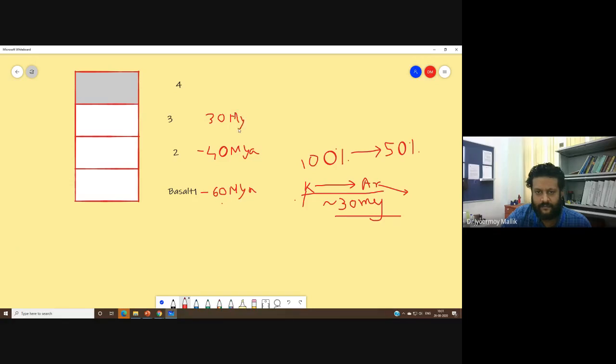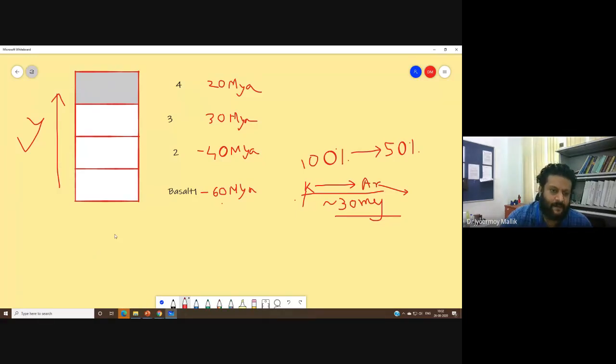And number 4 came, say, 20 million years ago. So this is my direction of younging, right? This is how the rock unit is becoming younger. Generally you find the oldest rock at the bottom and the youngest rock at the top. Okay. So that is something I did.